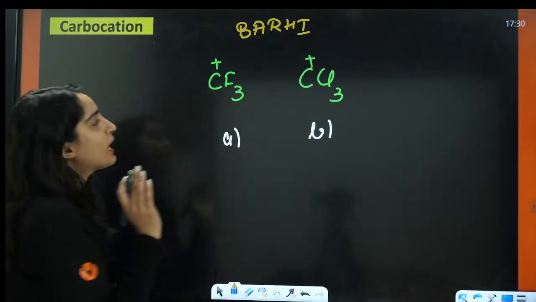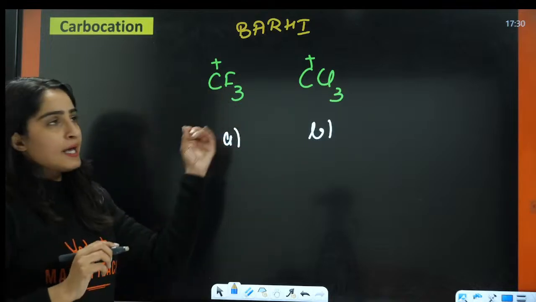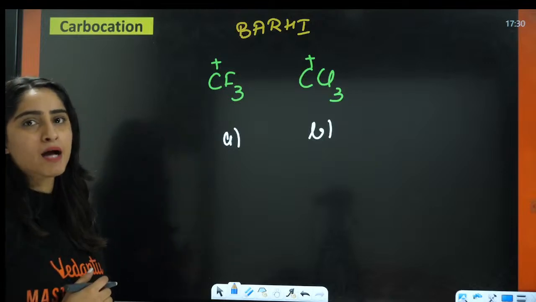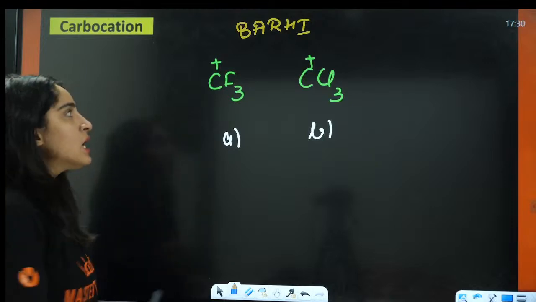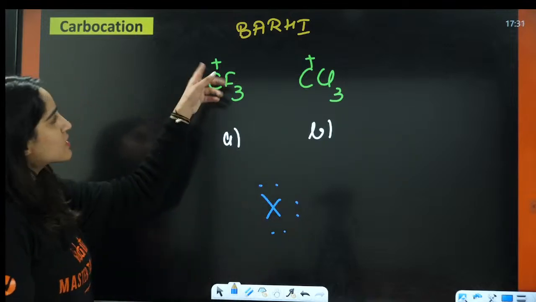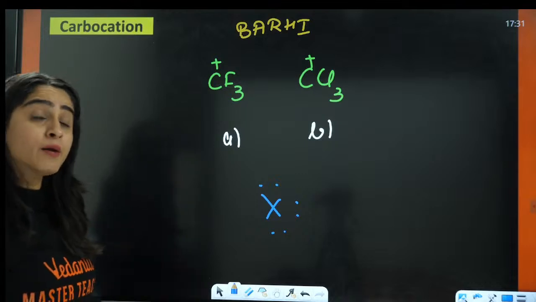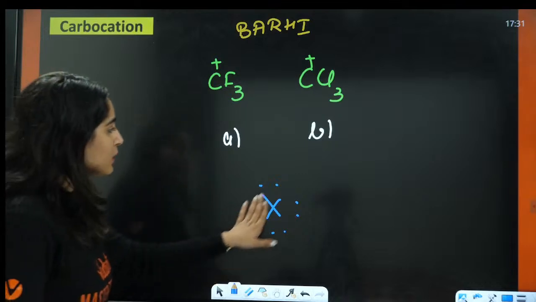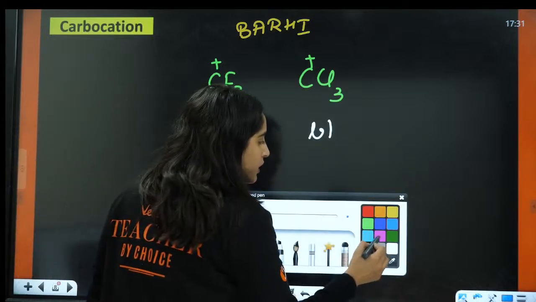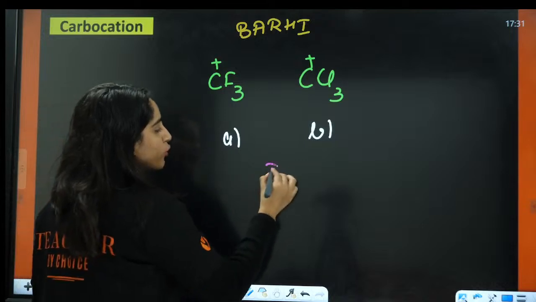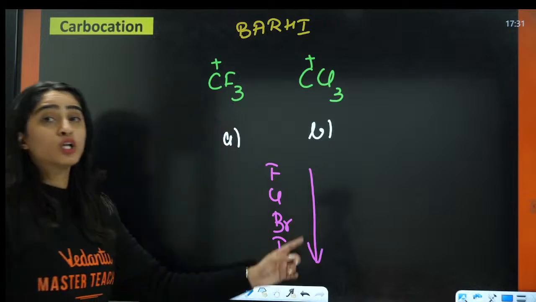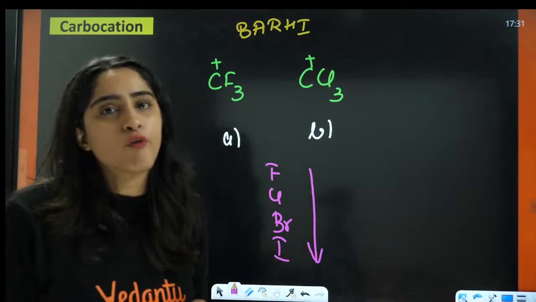Next we have the next example. Can you see any back bonding here? Yes, you can see it, because these halogen atoms have lone pairs on them, and this is a vacant p orbital. Now, back bonding is present in both cases. So which one is more stable? Here we have fluorine, chlorine, bromine, iodine, so it is down the group, and down the group you see the overlapping of orbitals.